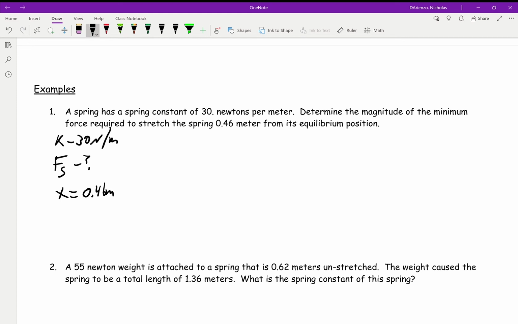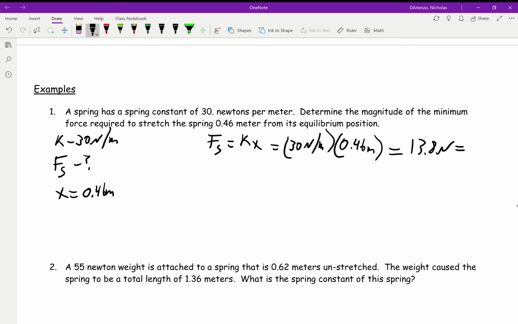Well, we have 2 out of our 3 pieces of information to find the applied force on the spring. We take 30 newtons per meter, multiply that by our elongation. Meters are going to cancel here. This will give us 13.8 newtons.